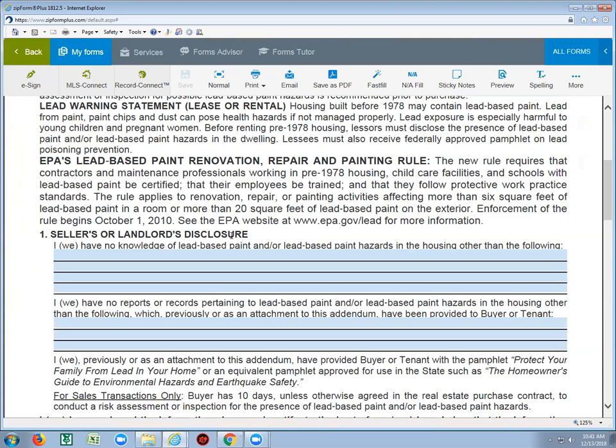The rule applies to renovation, repair, and painting activity affecting more than 6 square feet of lead-based paint in a room or more than 20 square feet of lead-based paint on the exterior. Enforcement of the rule began October 1st, 2010.